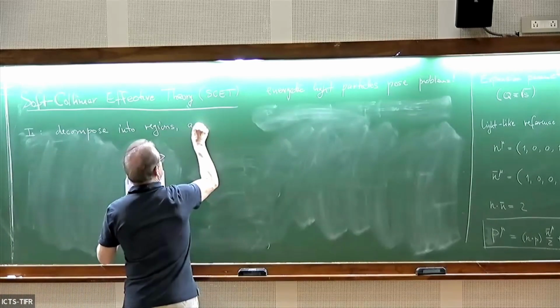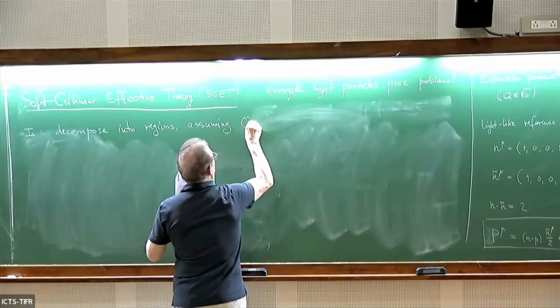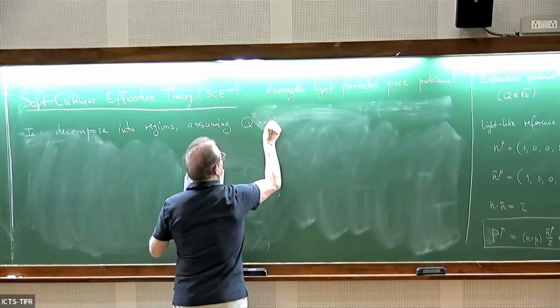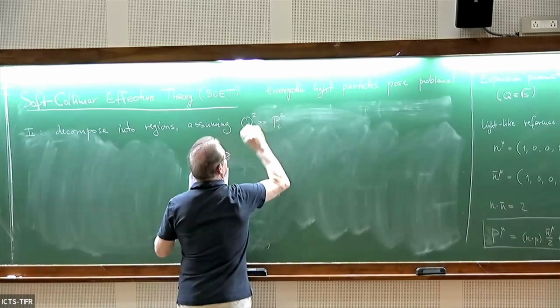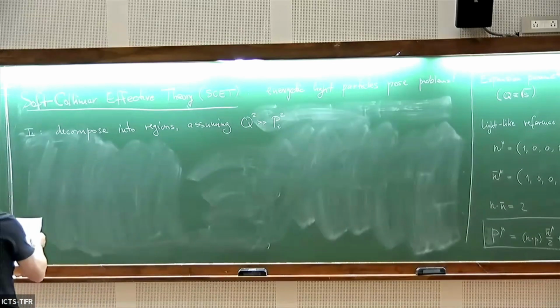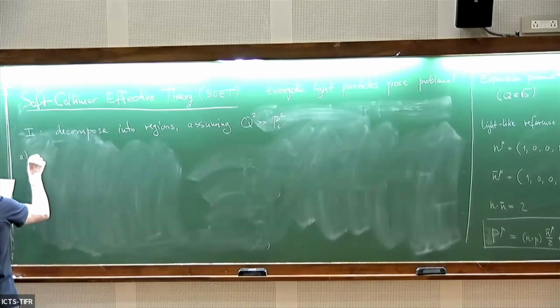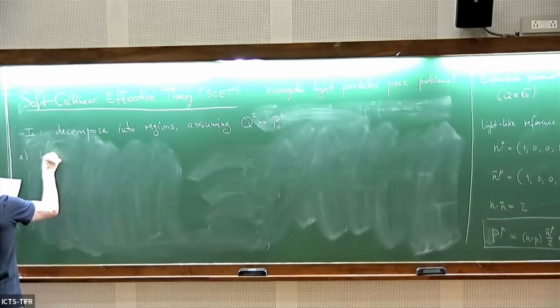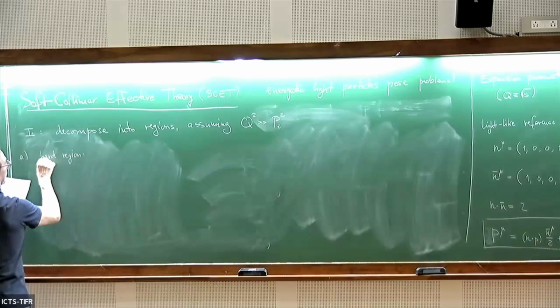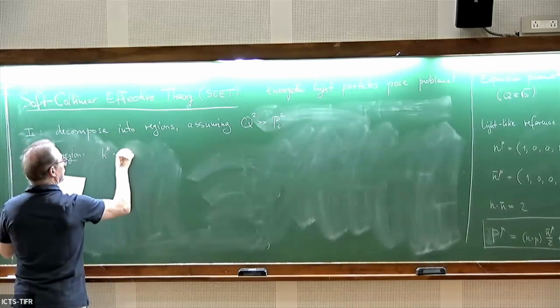Assuming that q squared is much, much bigger than p squared. The first region, which is easy enough that we can do it before the break, is the hard region. The hard region is the region where we assume that k has all components of order q.